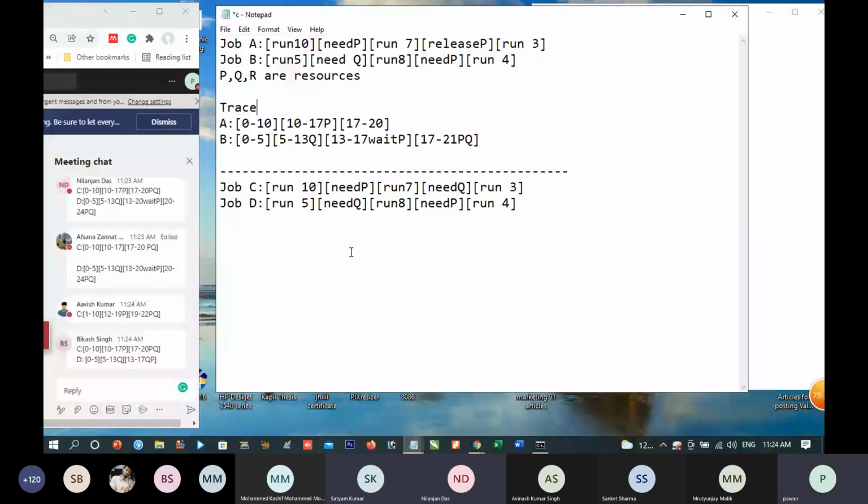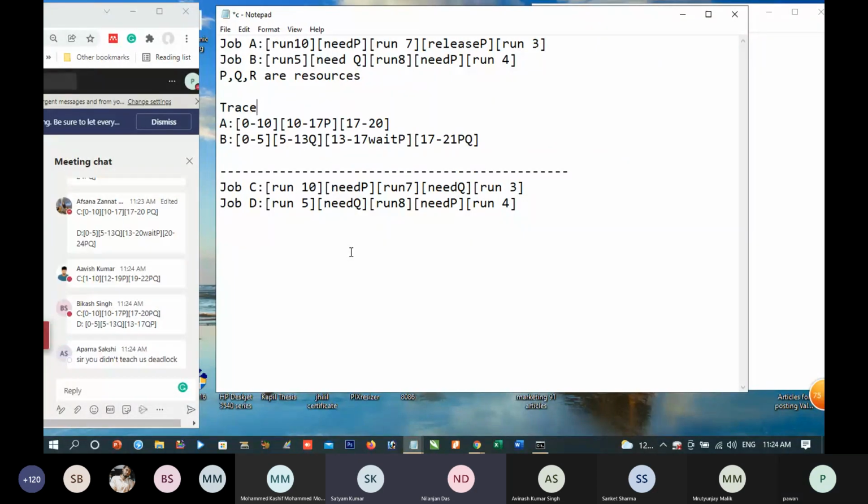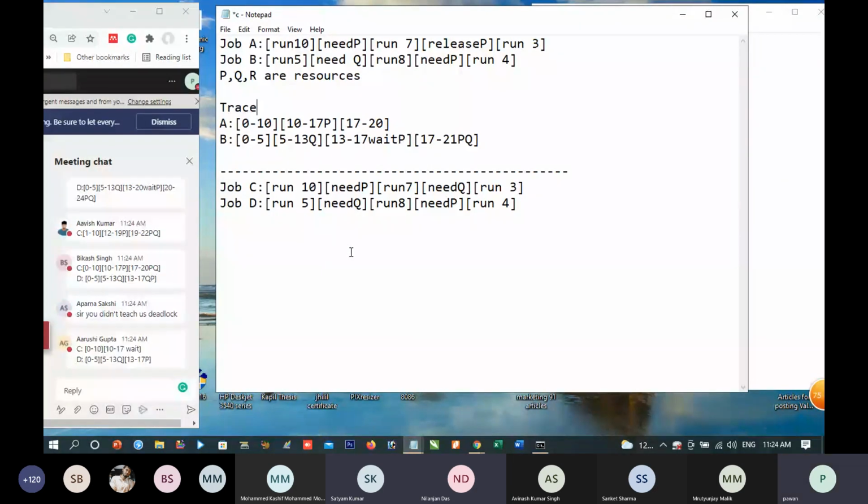Every person is wrong till now as far as the trace is concerned. Every person is wrong. Yes, correct. I have not taught deadlock. Gupta, you are wrong.